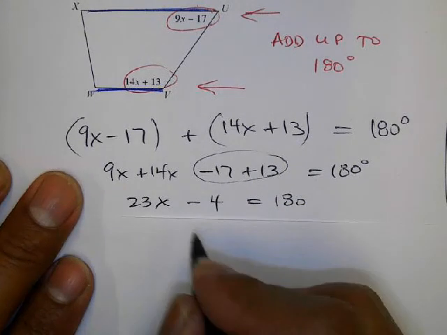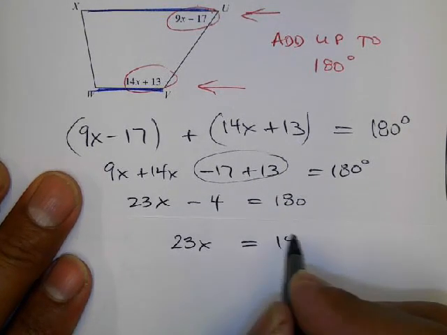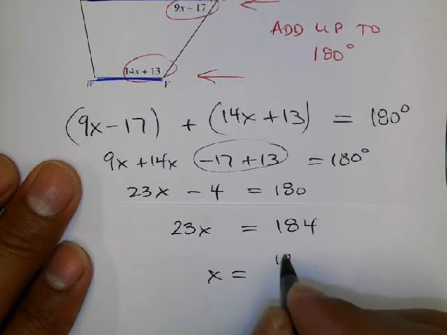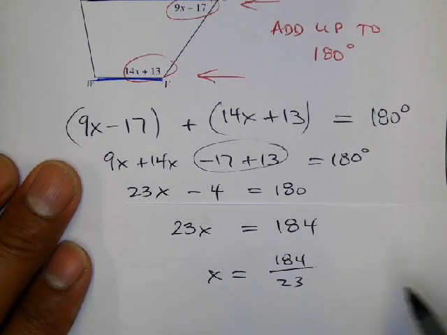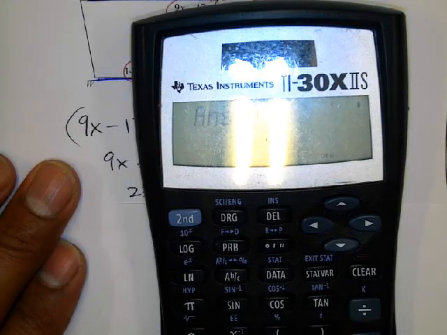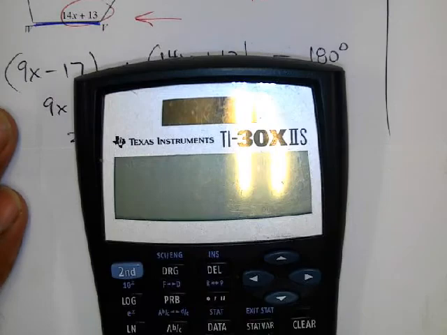Add 4 to both sides. That's going to be 23x equals 184. X is going to be 184 divided by 23.